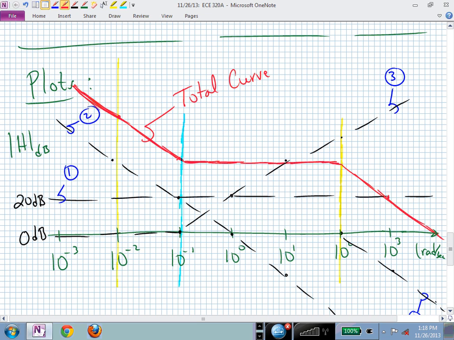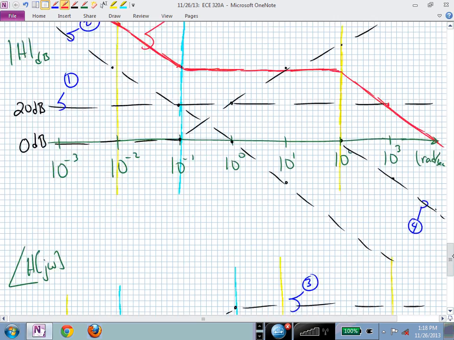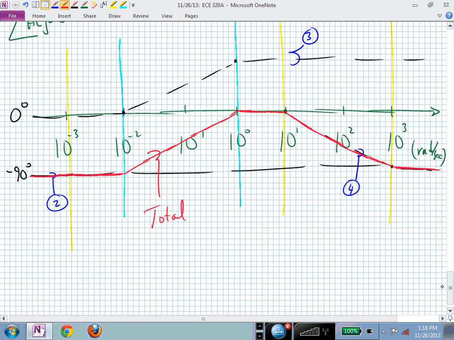And you can get all of that from the red plot. Is that clear? And if you needed to know the phase contribution, you would go down here and say, oh, what's my phase at 100 radians per second? No, I was at 10, wasn't I? But let's say it's now at 100. What's your phase at 100 radians per second?